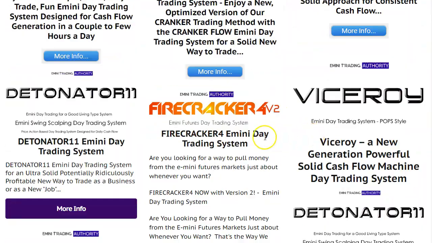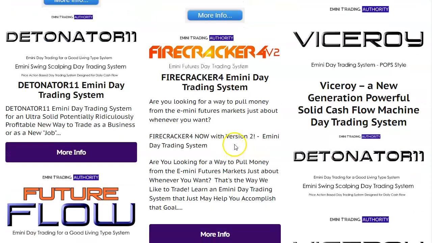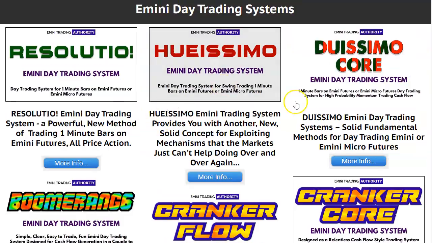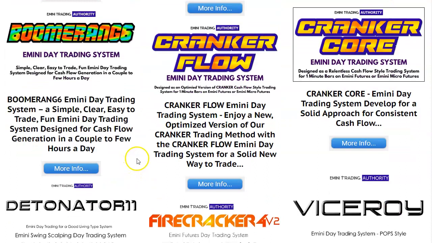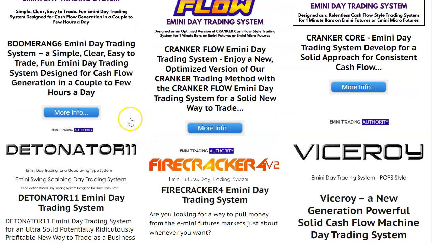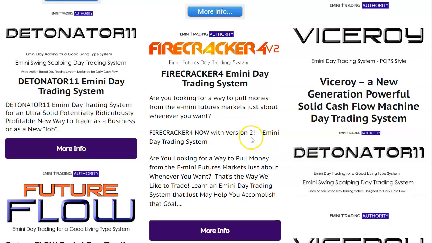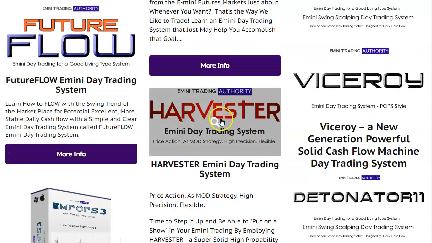Now we have some others here. Firecracker's price action. That's a great system. It trades 3-minute bars. I already forgot, maybe 5-minute bars. So Detonator. Oh, I forgot about Detonator. This got pushed down here. Detonator 11's in this group. 1-minute bars, price action. It can produce a ton of profit points. It has the ability to do that. Detonator logo got over here. Harvester's price action.